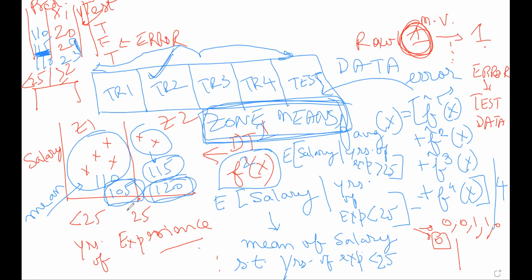Similarly, for the third decision tree, I could have the means as 120 and 130. And similarly for the fourth decision tree, my zone means will keep on changing and the cutoff will also keep on changing. So you will now get four different values, one for each decision tree.